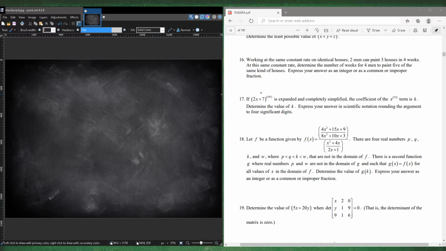So to do this, if you want to expand a polynomial, it's actually just the summation from x equal to 0 to whatever that number is, which is 101.